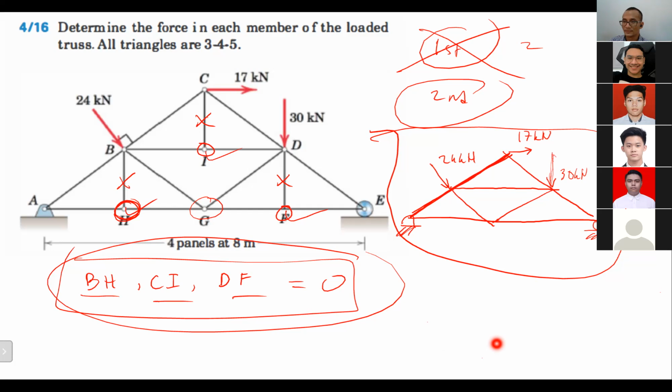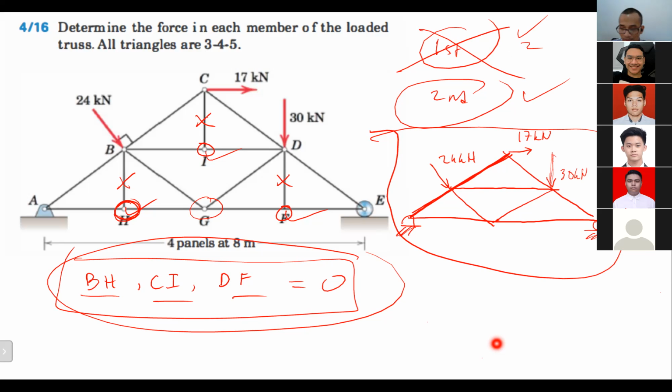Whenever you have a truss problem, what you're supposed to do at the beginning is to simplify the case. How? By taking a look at zero force members, either the first type or the second type. After you do so, then you can start analyzing.